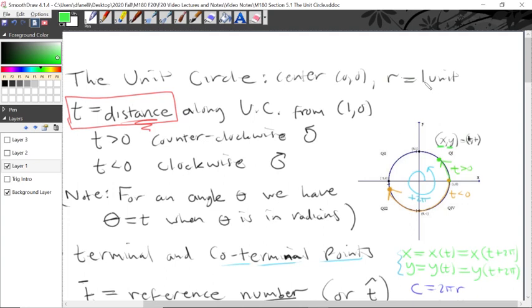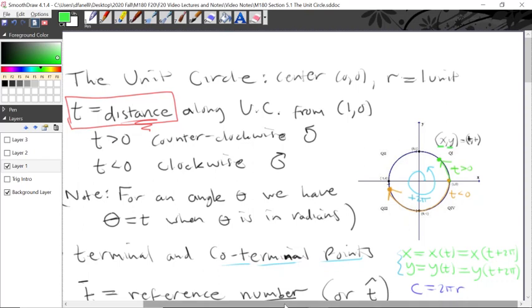But in the case where r is exactly equal to 1, then we use t for the distance that we've traveled along a circular path. That is the arc length of the unit circle. That's how t is defined with respect to the unit circle. Standard position starts at the point (1, 0). t is positive counterclockwise. t is negative clockwise.